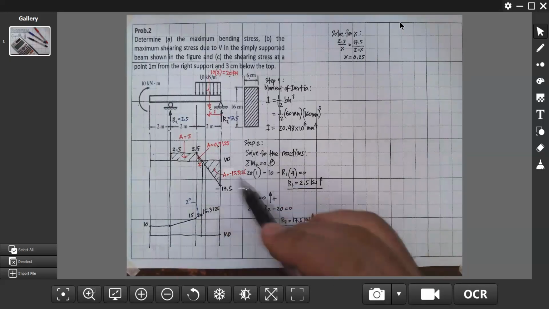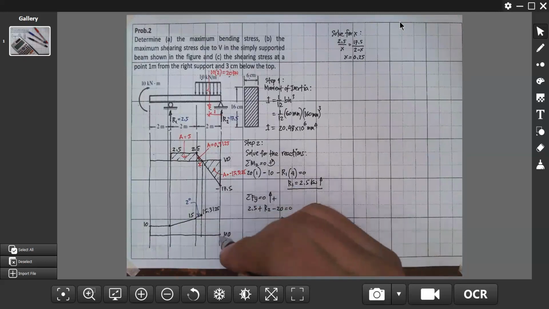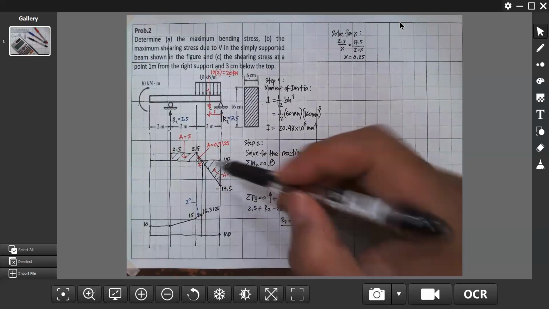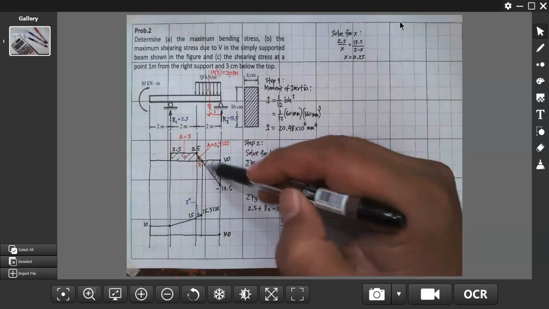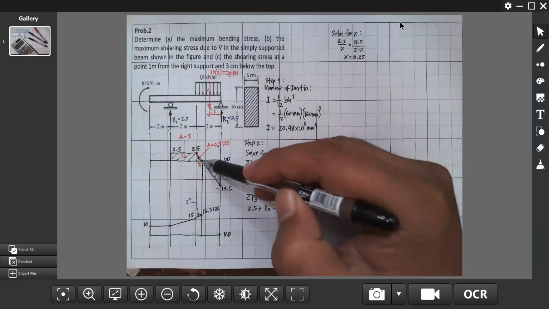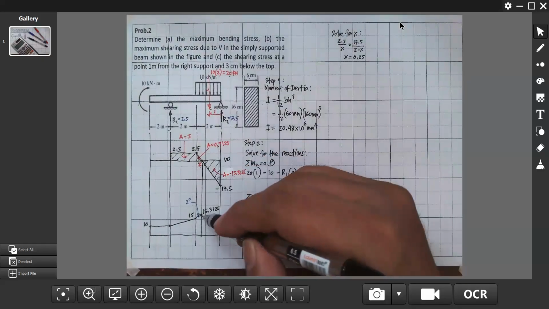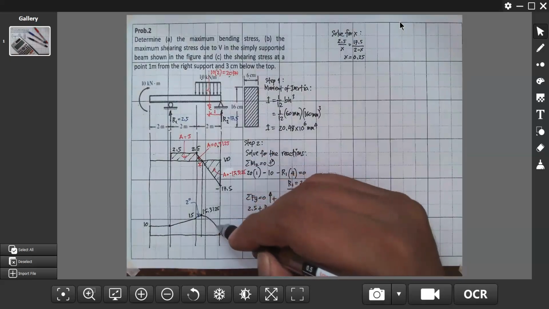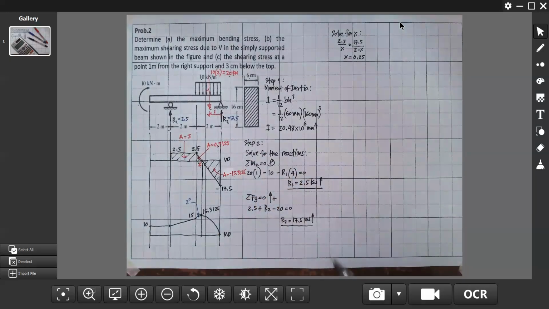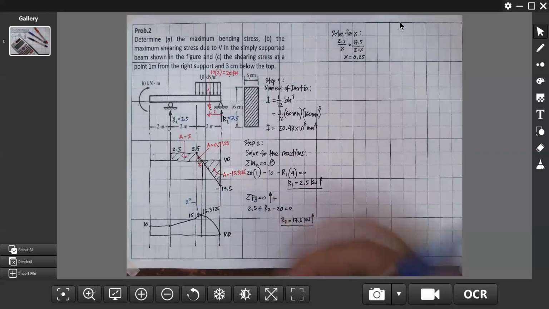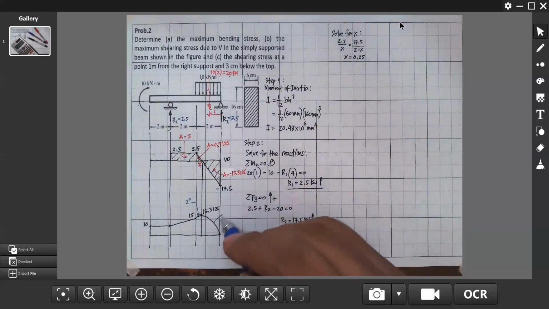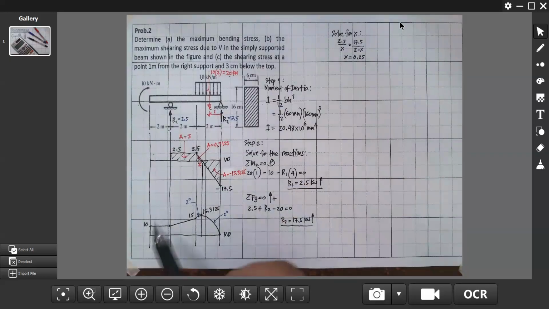And then minus negative 15, so it goes to zero. The curvature is from first degree to second, concave downward. Second degree also. So this is your moment diagram.